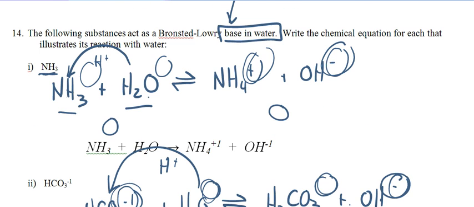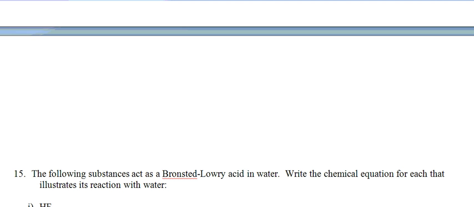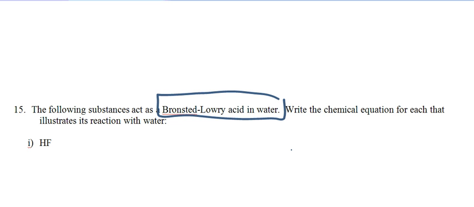Okay, so these were all acting as bases. The next part wants us to treat these as a Bronsted-Lowry acid in water. So if we're looking at acids, what do acids do? That's right, they donate their hydrogen. So we have our HF with water, and yes, we do want to show the water because it says it's reacting with water. So double arrow.